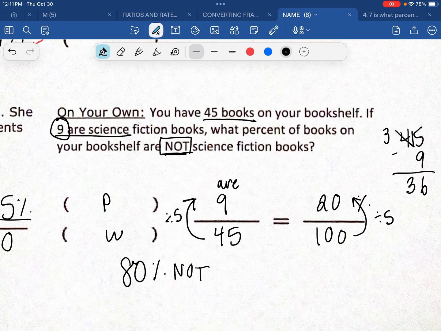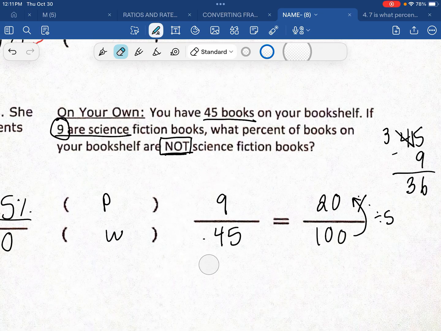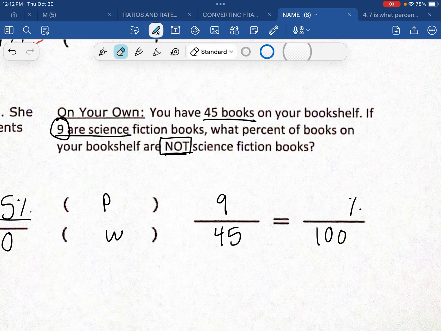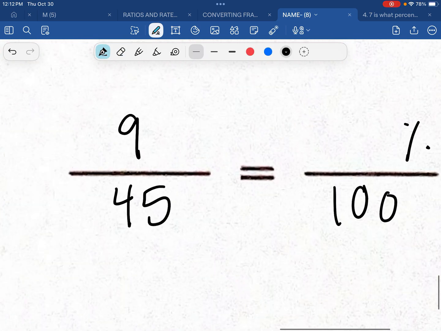Okay, one more thing that you need to know. So all I need you to do is pay attention here. Let's just pretend that I can't go up and down. I can't go side to side, no matter how I set it up. One more option that you have before you start solving is you can simplify your original fraction.